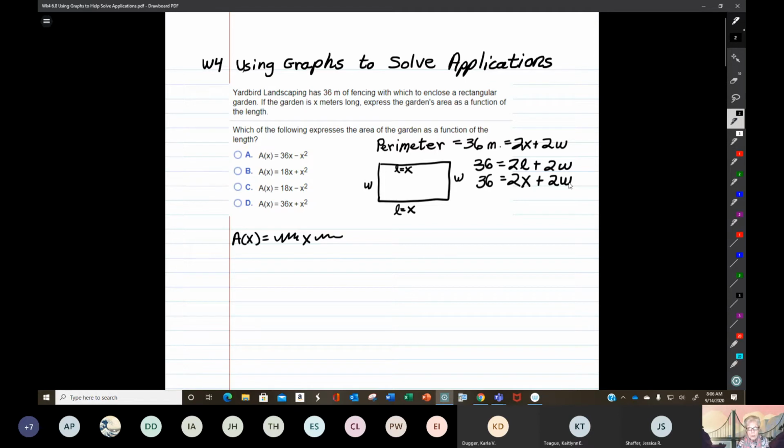We know also that the area of a rectangle equals length times width. Okay, so if the area equals length times width, what we're going to have to do is solve for X or for W. That's what I'm going to do. I'm going to solve for W, but first look what I'm going to do.